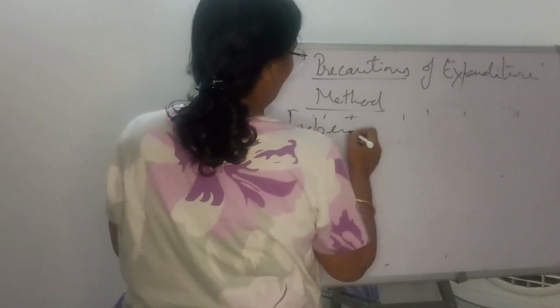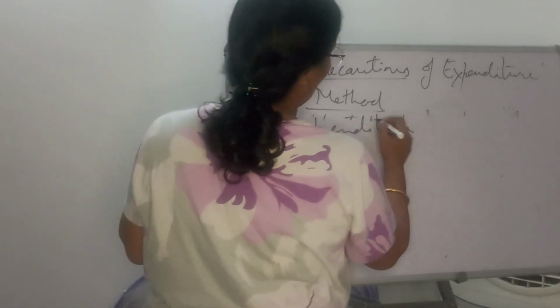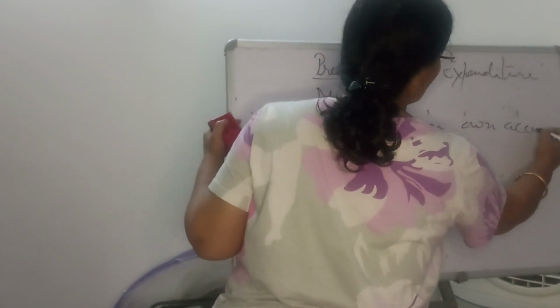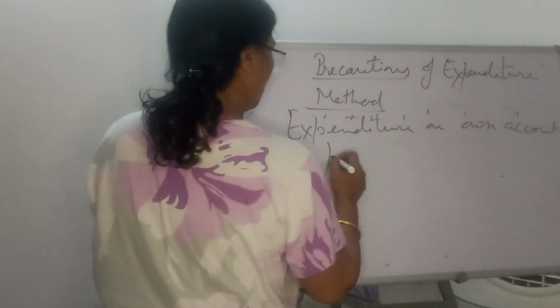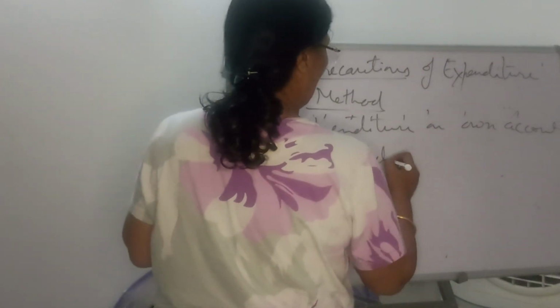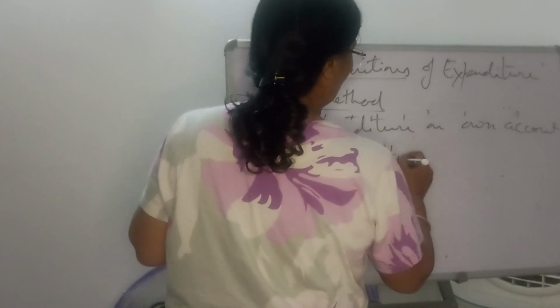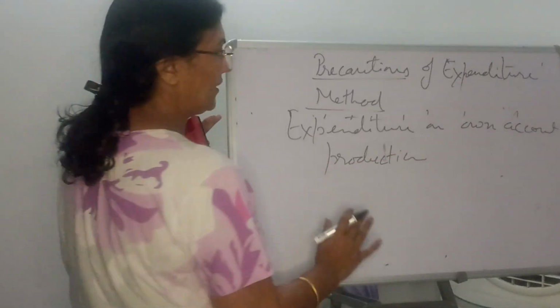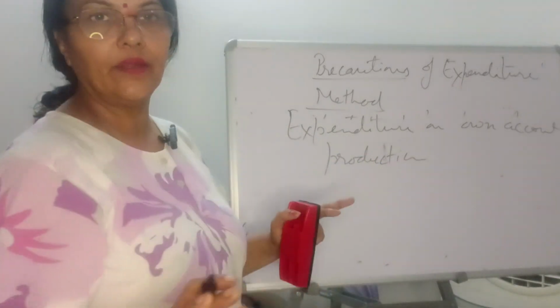It will be more clear to you. Expenditure on own account production is to be added.